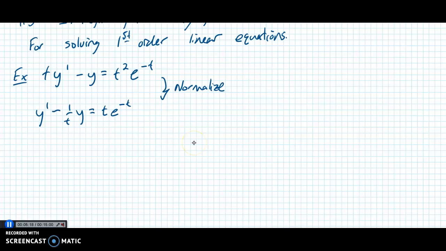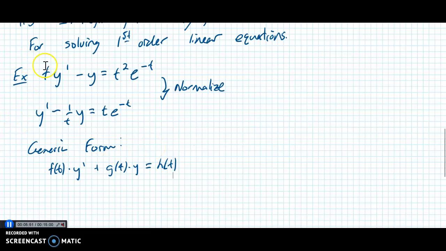Now I'm going to step away from this particular equation right now, and I'm going to go into a more general form. So my generic first order linear form is going to be some function that I'll call f of t times y prime plus some other function, I'll call it g of t times y, is equal to a third function, h of t.